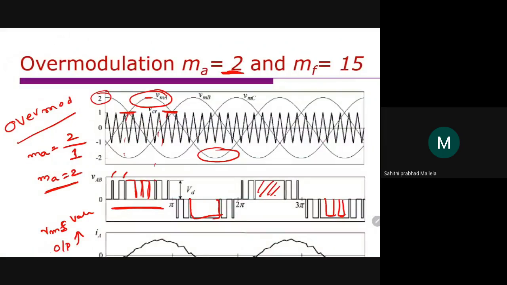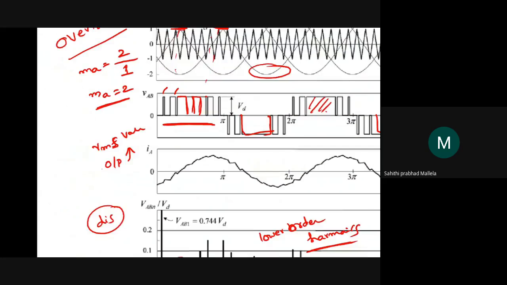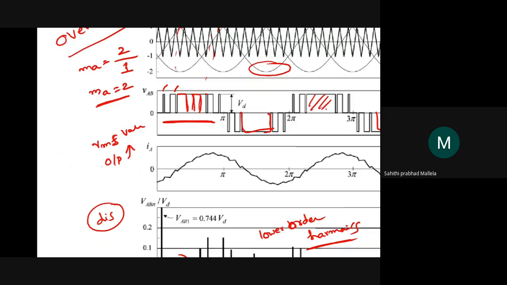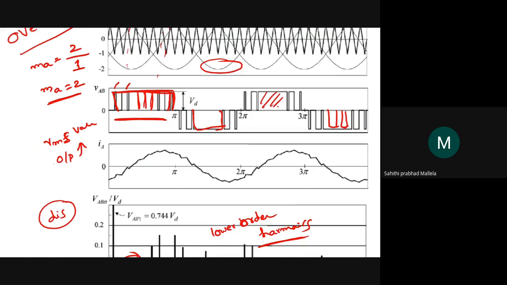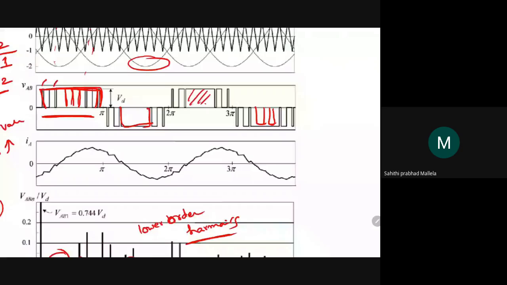Clear? So for example, if I keep on increasing this MA, now it is 2, and now I increase it to 3 or 4, what will happen if I increase it to a higher number? Instead of that, you will get one bigger pulse. If you keep on increasing the modulation index, you will get a single pulse, something like this, right?